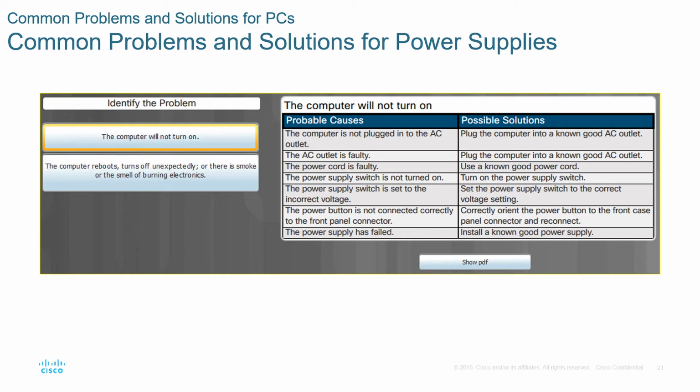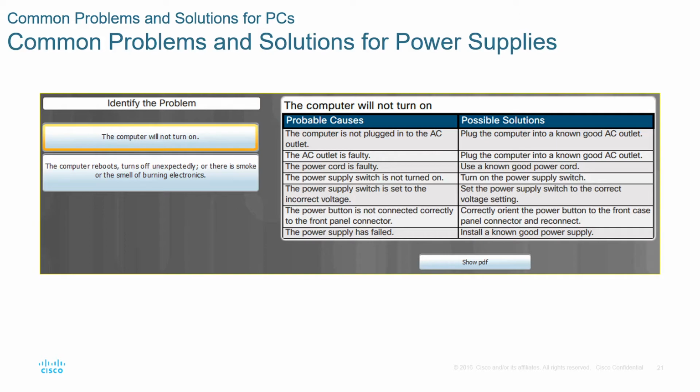Okay, so you have many probable causes for this issue. But what are the possible solutions? Make sure you plug the computer into a known good AC outlet. Try one AC outlet, try another one you know works, try another one if possible, and make sure you identify that the issue is not with the AC outlet itself.